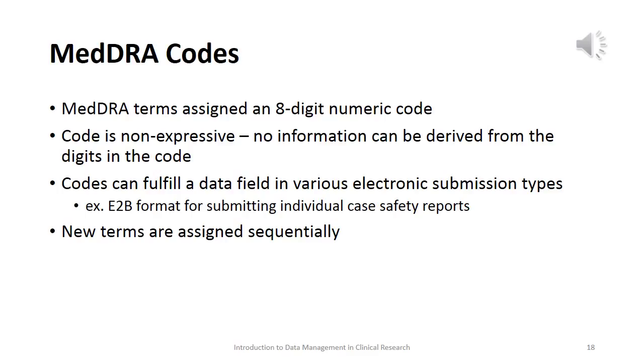The code is non-expressive, which means that you can't look at the code and determine what information is going to be contained in that particular code. Now, codes can fulfill a data field in various electronic submission types. For example, an E2B format for submitting individual case safety reports. And then new terms are going to be assigned sequentially as they're added to our database.